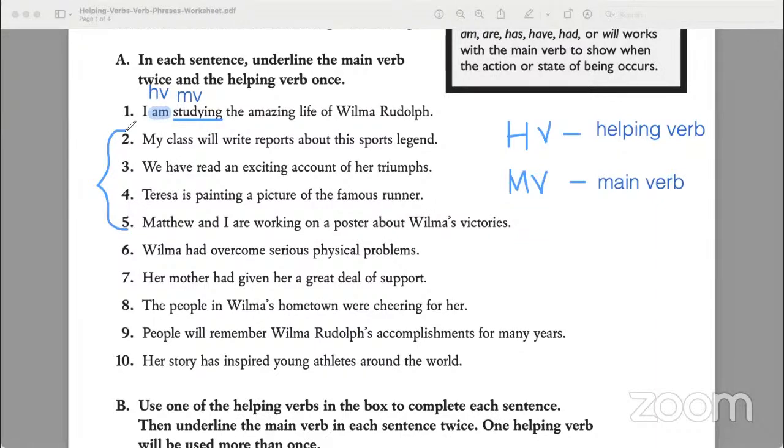Write is the main verb. Will is a helping word. Good, well done.